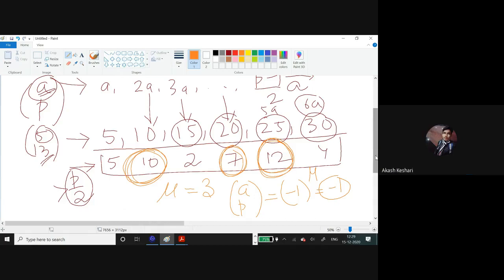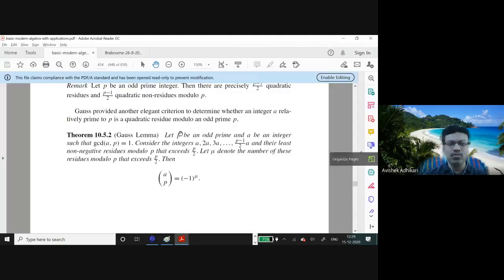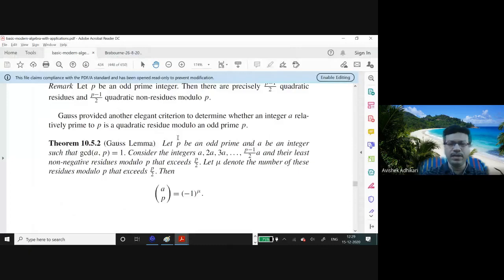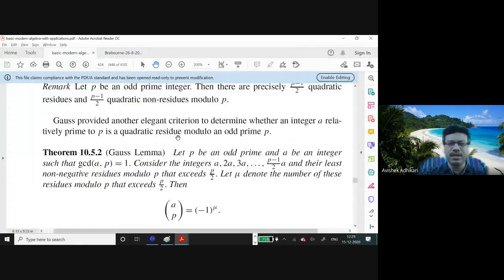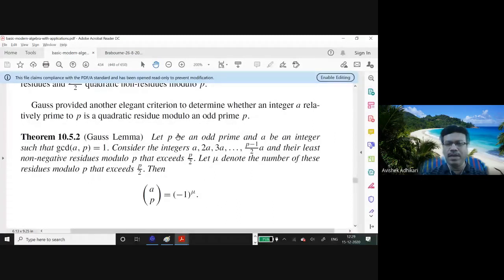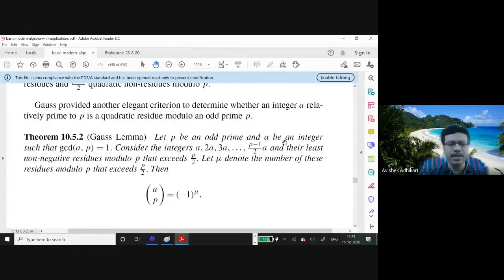Okay. Yes. So let me go to the statement then, so from the statement it will be even clearer. Gauss lemma states that let P be an odd prime and A be an integer such that GCD(A,P) equals 1. That's required for calculating the Legendre symbol.